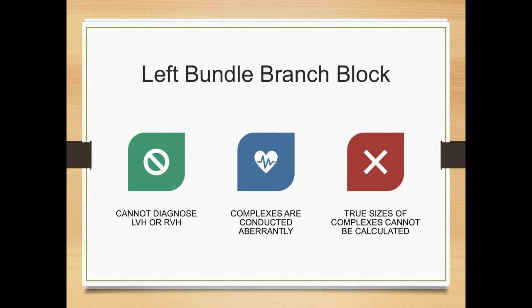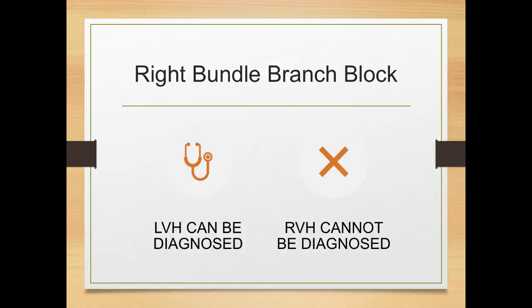So, just going from the 12 lead itself, if they have a left bundle branch block, we cannot call left ventricular hypertrophy or right ventricular hypertrophy. If your patient has a right bundle branch block, you can actually still diagnose, still call left ventricular hypertrophy, but we can't diagnose right ventricular hypertrophy.